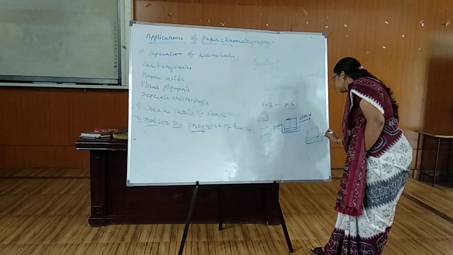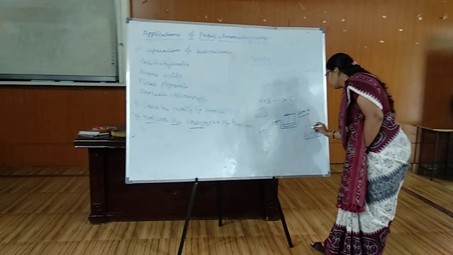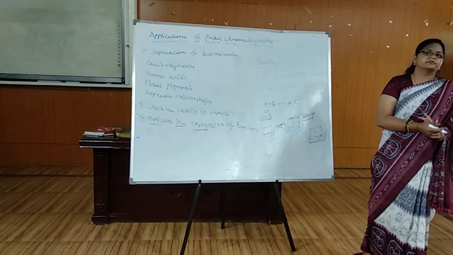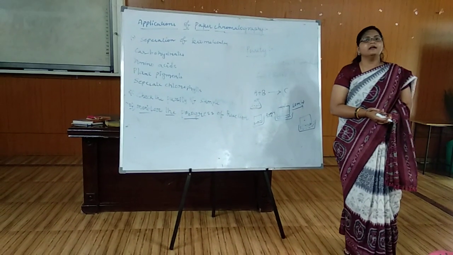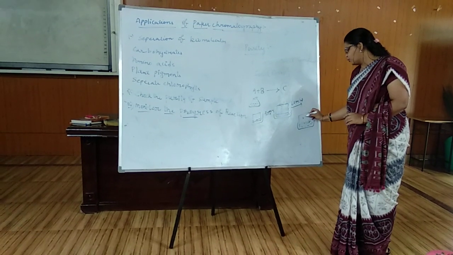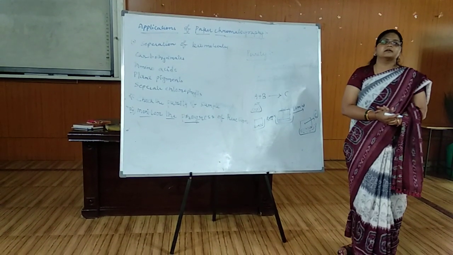Then I have introduced it into the mobile phase. Then if I get only one spot, what does that indicate? Product is formed. The reaction is complete and the product is formed. Henceforth, you can see only one spot which corresponds to the product C.